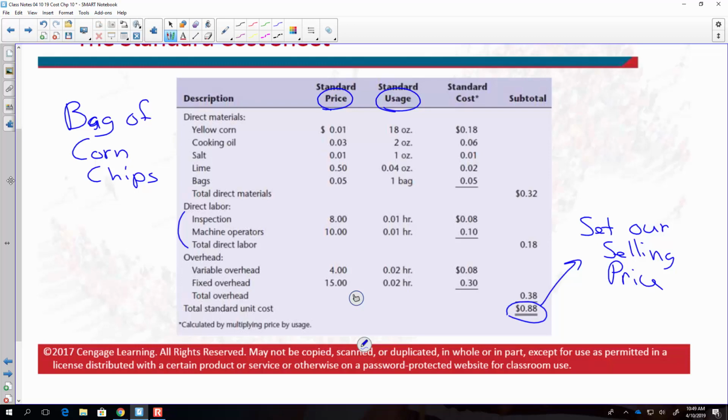Can you imagine building a Boeing, what is it, 747 now? Can you imagine what that cost sheet looks like? They do use standard costing, for sure. Well, they use job costing specifically, but I'm sure there are standards set for times within that operation.